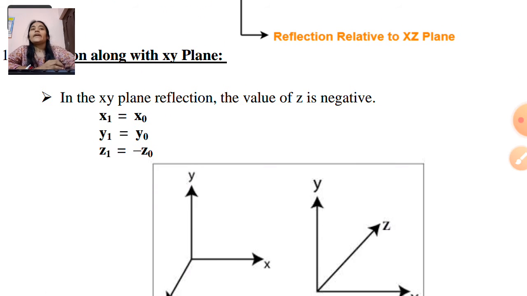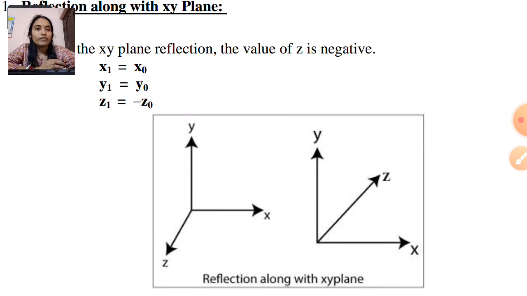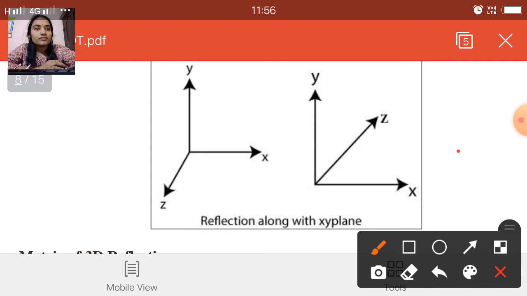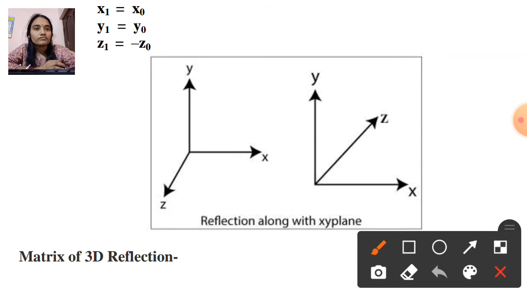In the xy plane reflection, the value of z is negative. Here is your reflection along with x. This one is our x-axis and this one is our y-axis.